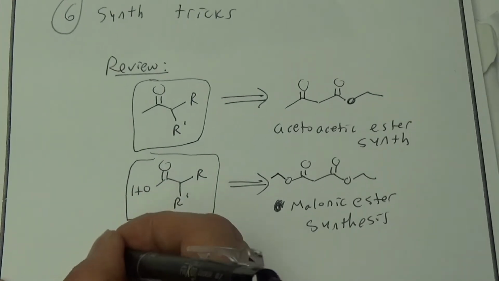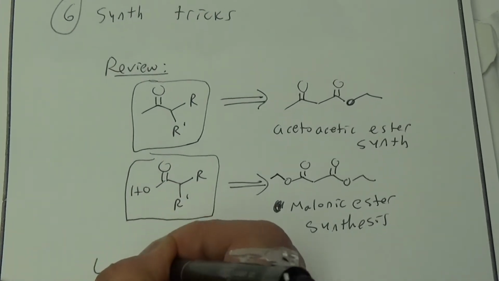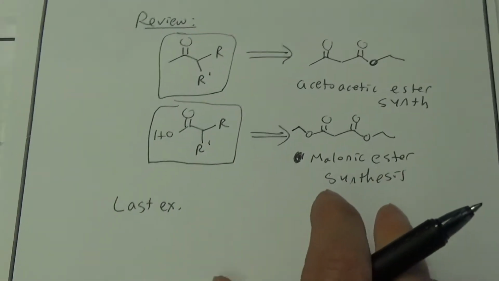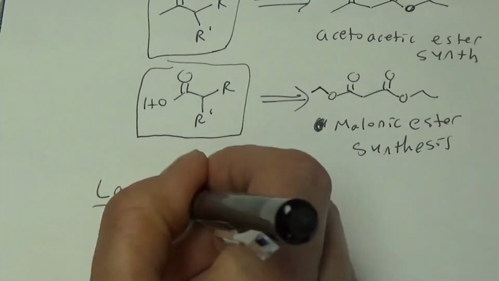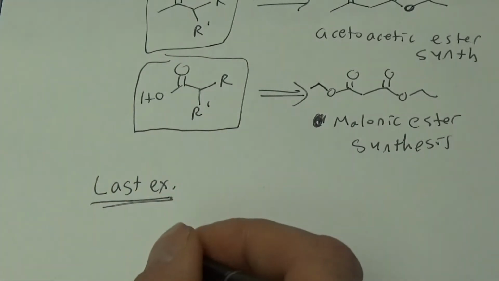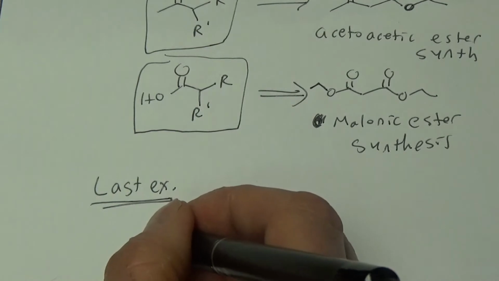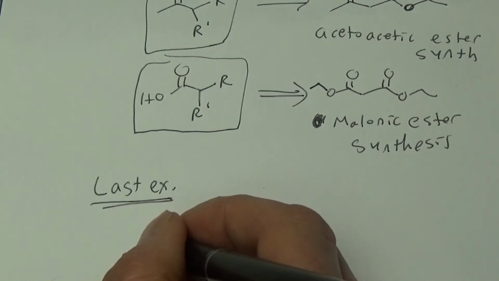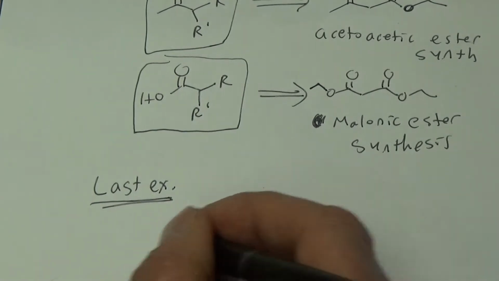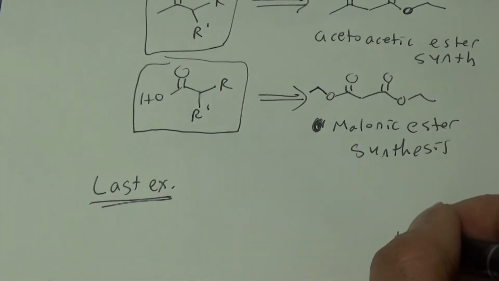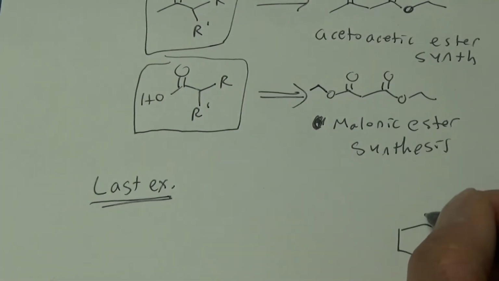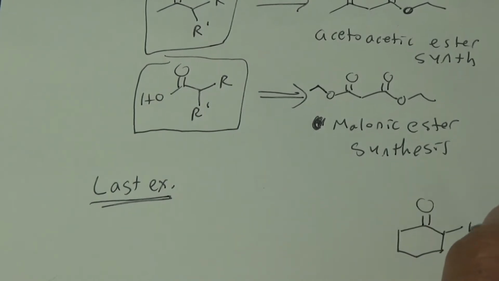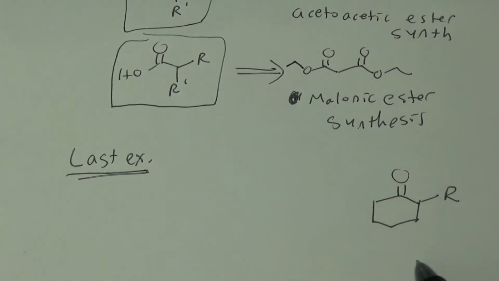One more example, just as a kind of a twist on this reaction. Say I really need to make a cyclohexanone with an R group on it like that.